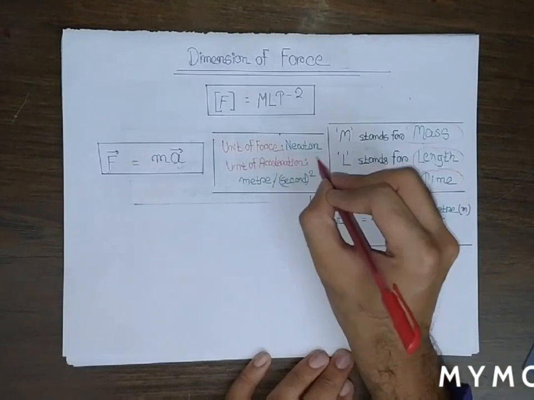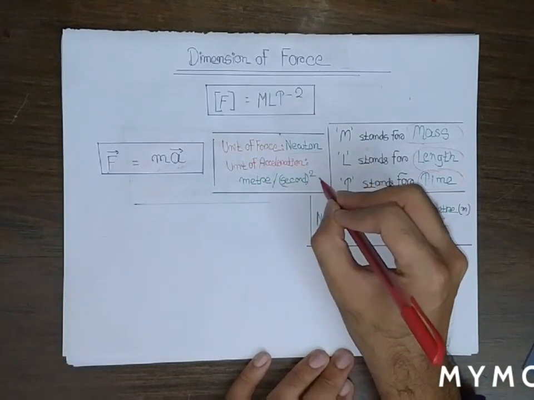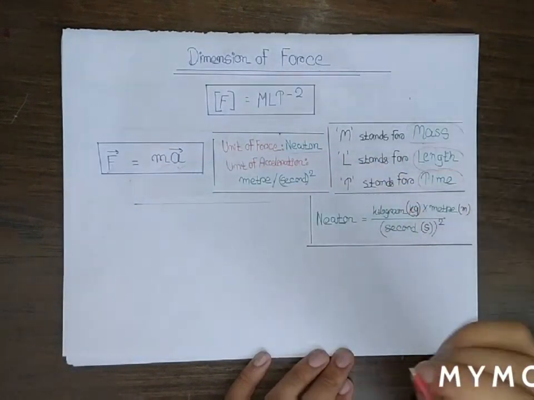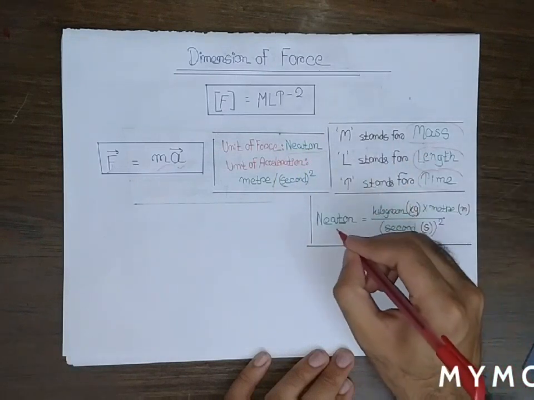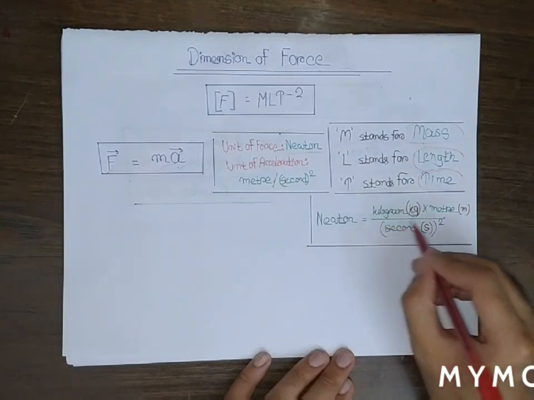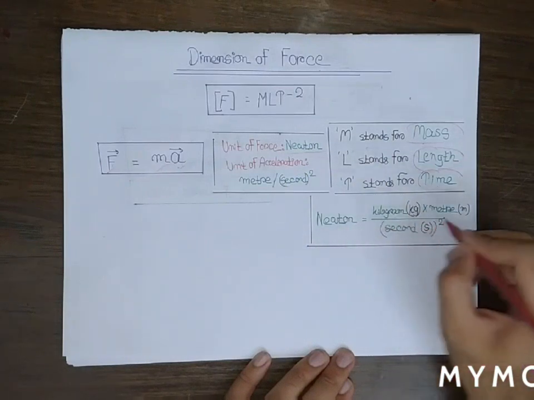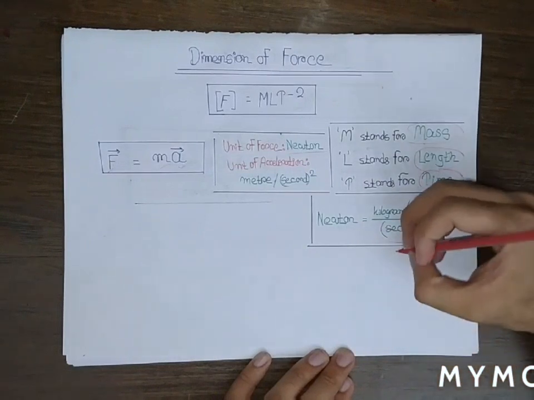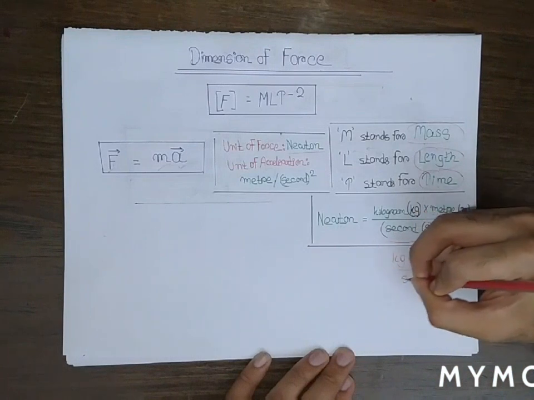Unit of force Newton and unit of acceleration meter per second square, and unit of mass is kg. So, what is the unit of force? It is Newton. Newton can be broken into kilogram, meter and second. Here Newton equals to kilogram multiplied by meter divided by second square.